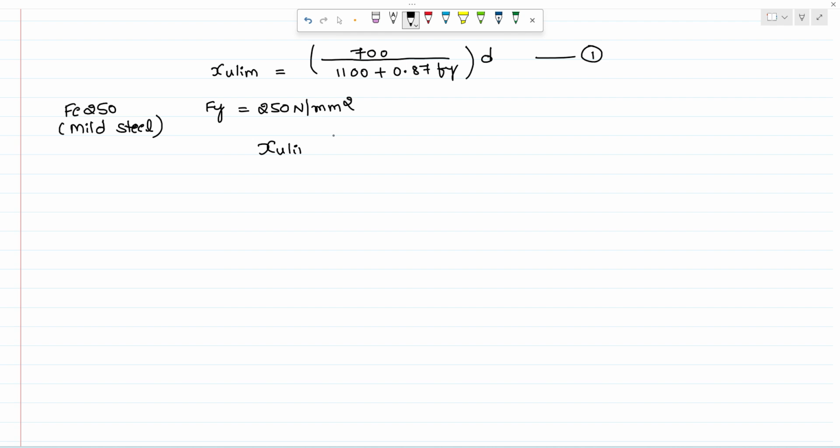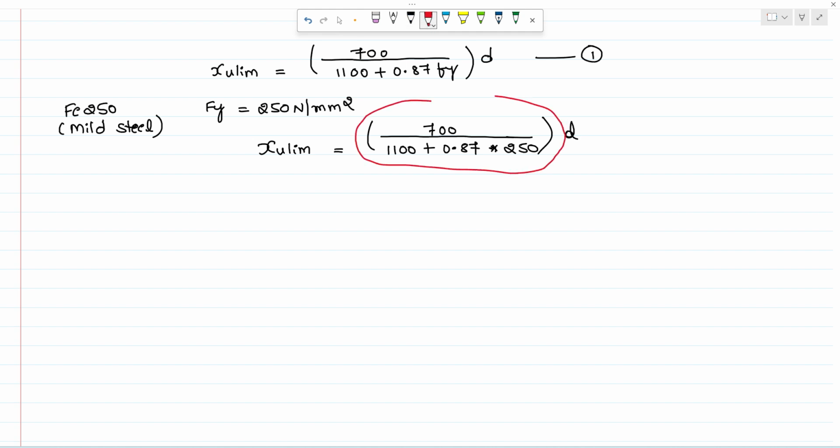So XU limit equals 700 divided by 1100 plus 0.87 multiplied by, so Fy will be 250, multiplied by D. So if you simplify this, you will get value as 0.531.